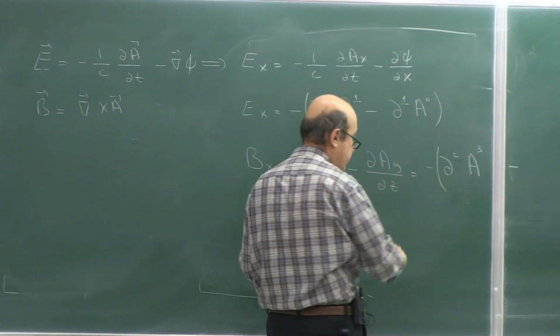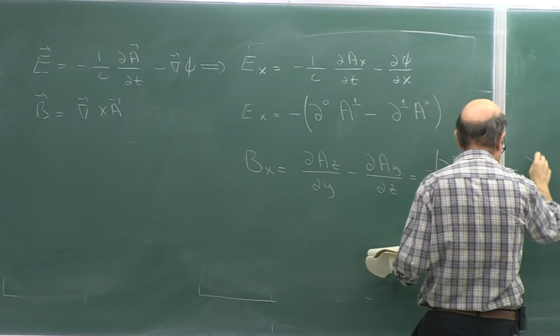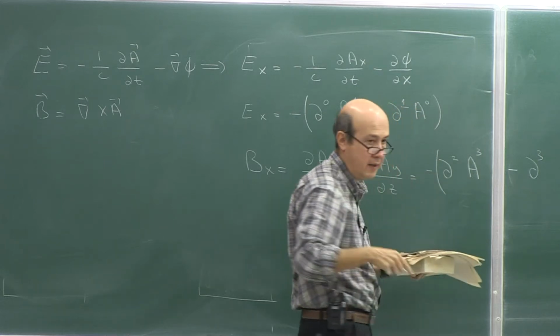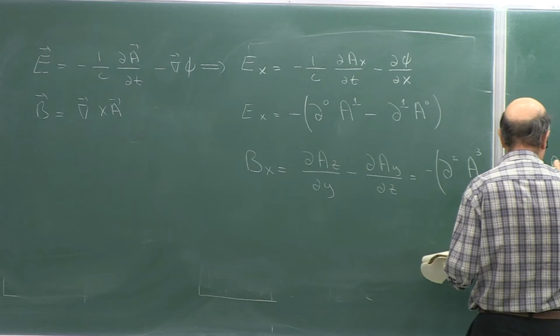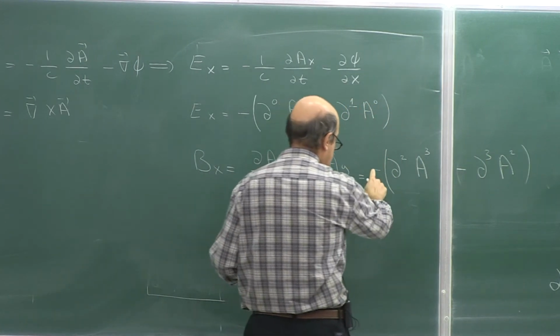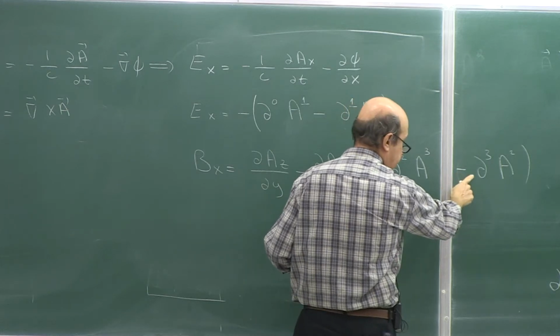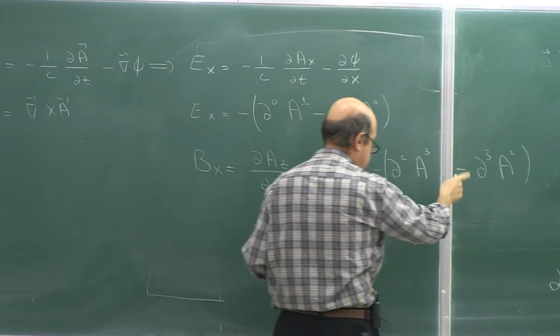And what is del over del z? Del 3. And what is Ey? A2. So again, minus and minus is plus, but del 3 is negative. That makes negative, and A2 is positive.